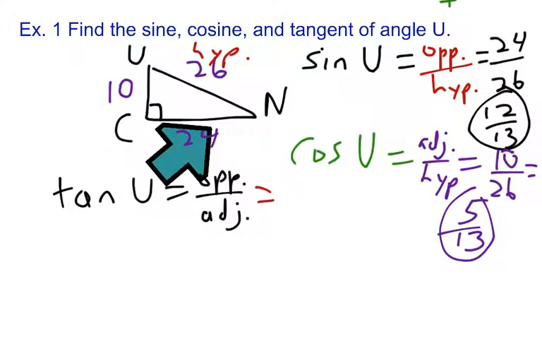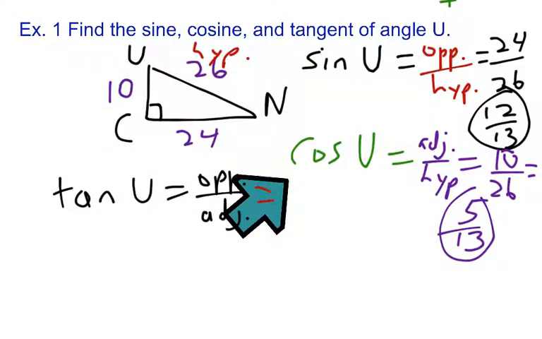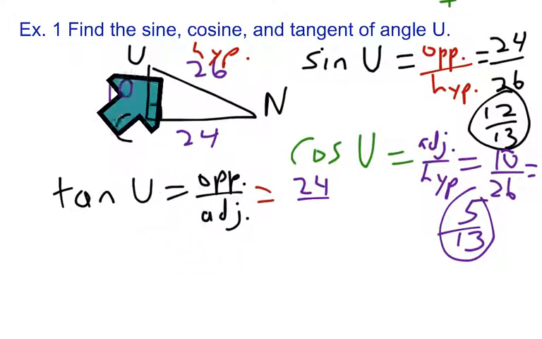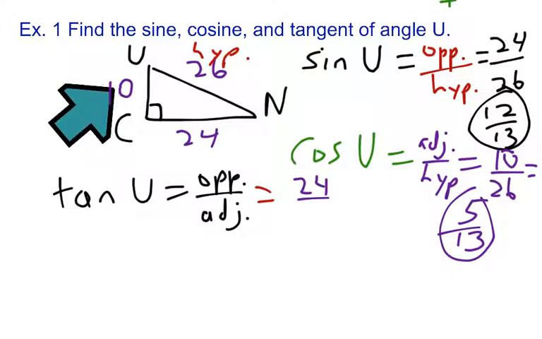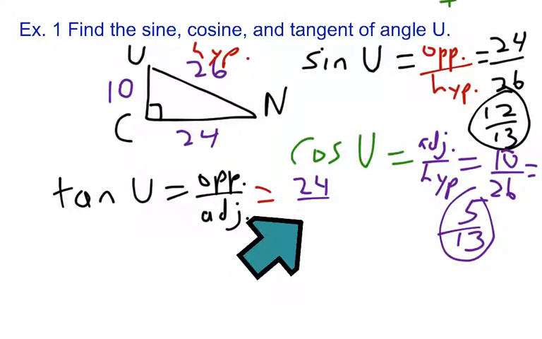It's over here, it's 24. So 24 goes on top. And then what's adjacent to U? 10. 10 is next to U. So 10 goes on the bottom. And then divide those both by 2, and we get 12 over 5. All right, now we have all three ratios, sine, cosine, and tangent, so we've knocked out example 1.